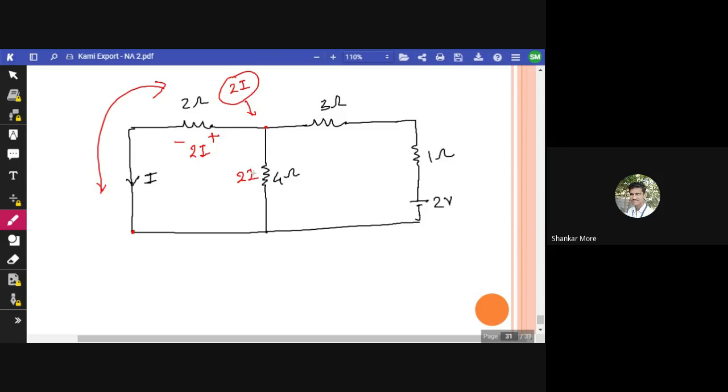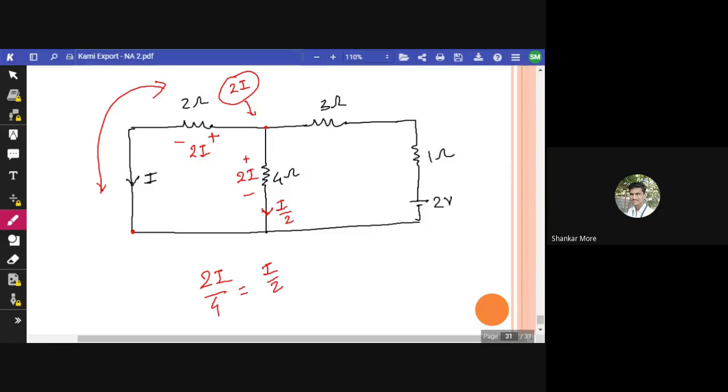This should be 2i only, plus minus, right? This should be again 2i. So if this is 2i, what will be the current flowing through this? Current flowing through this will be voltage divided by resistance, which is I by 2.